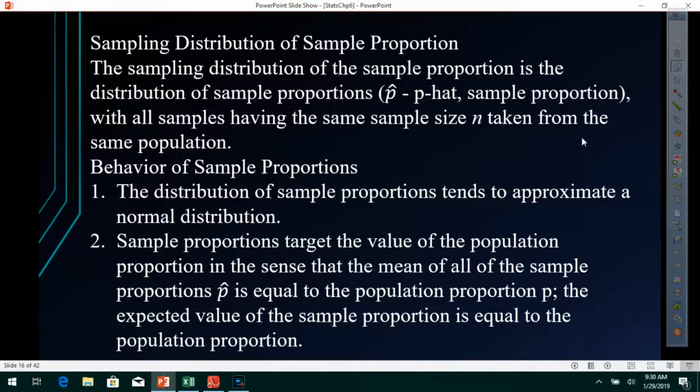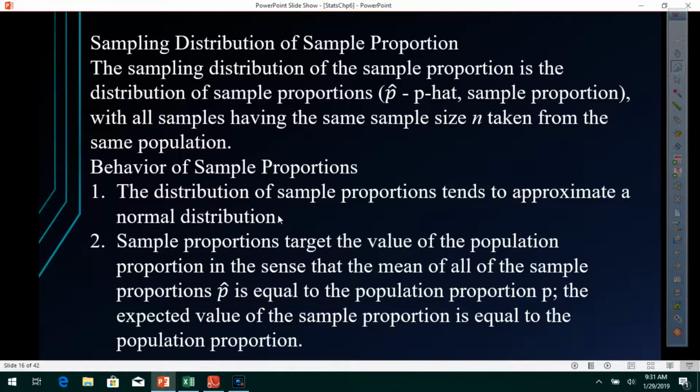In other words, say you take a sample of 100, and then you take another sample of size 100, and then another sample of size 100, until you've taken all possible samples of size 100 from the very same population. That's what they're talking about.